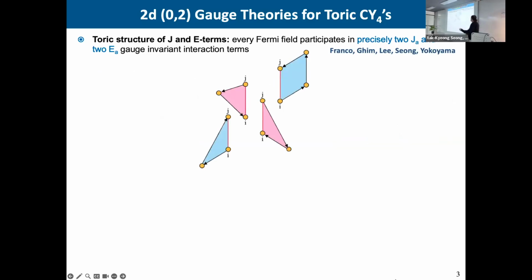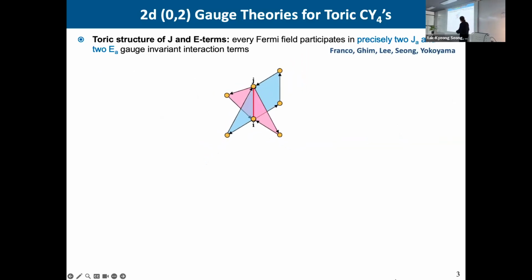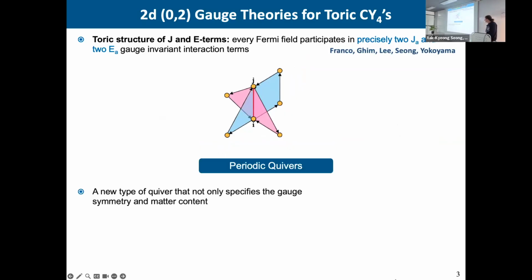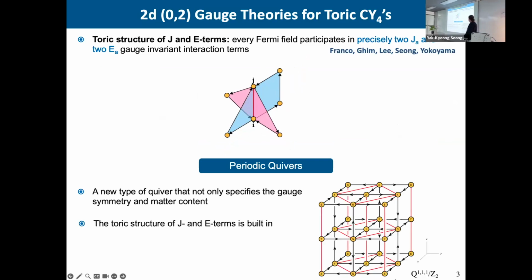Okay, and I told you that this structure can be nicely captured by a picture, which is a new version of the quiver, which is what I call the periodic quiver. Again, this is one of the 3 slides that are going to be repeated. So the periodic quiver was a quiver that lived on a 3-dimensional torus.